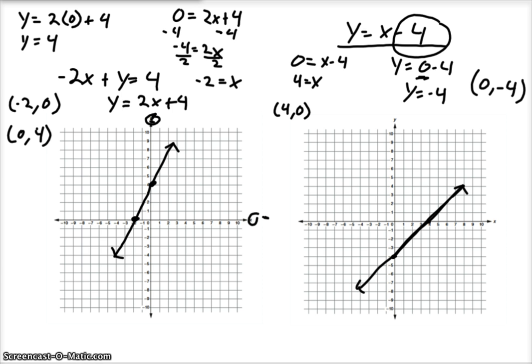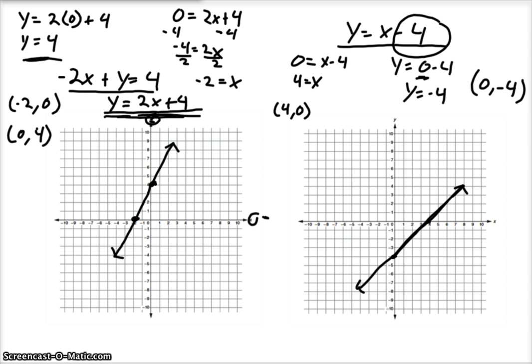Just like if we look back at this equation, y equals 2x plus 4, you can see when we did the math that it does cross the y-axis at 4. But you have to be careful: you have to make sure your equation looks like this one before you just start saying that's where it crosses the y-axis.